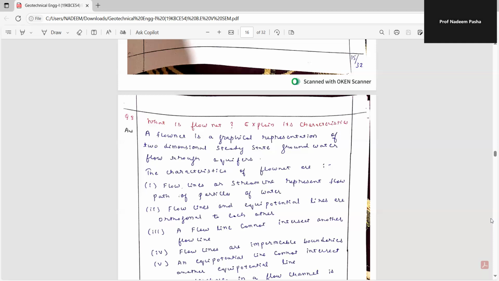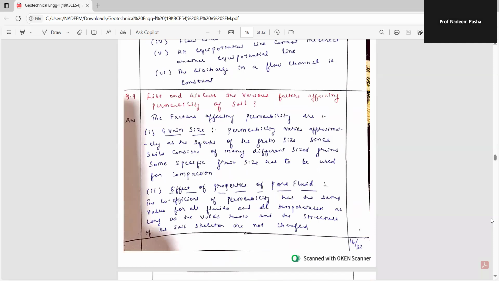Suppose a flow line is moving. One flow line cannot cross another flow line. It has to wait for it. A few flow lines are impermeable boundaries. An equipotential line cannot intersect another equipotential line.